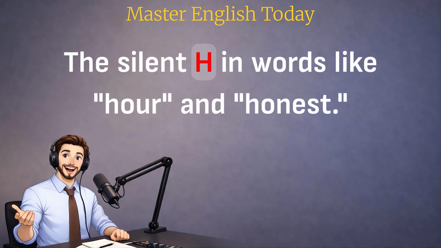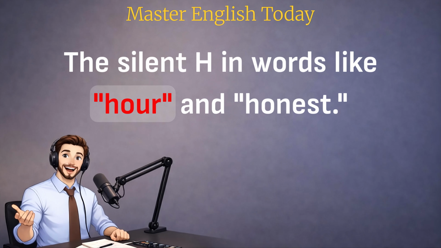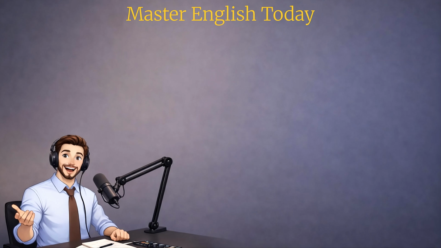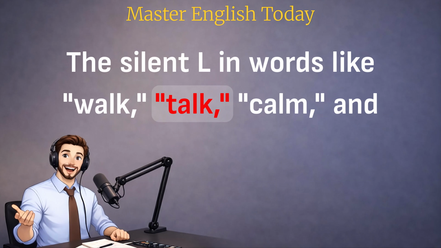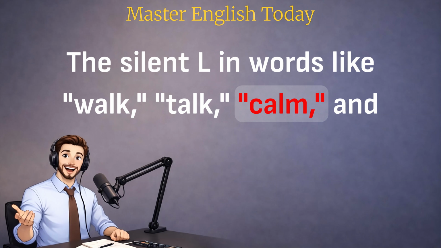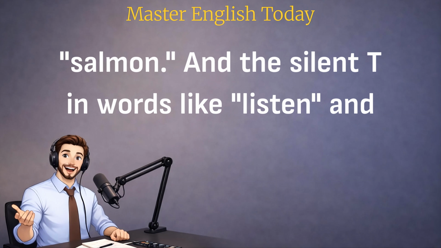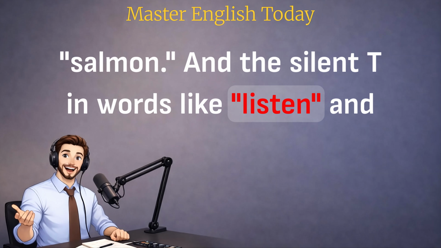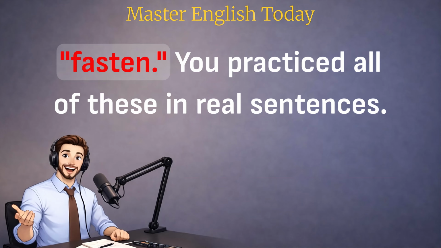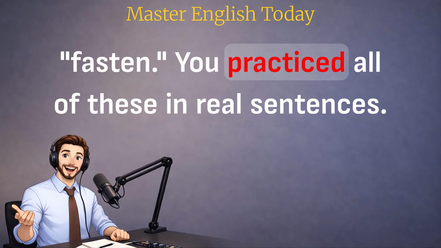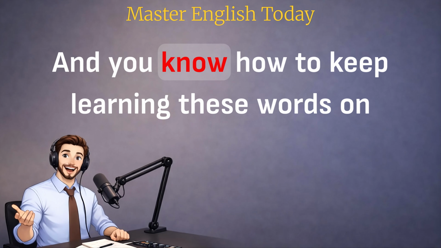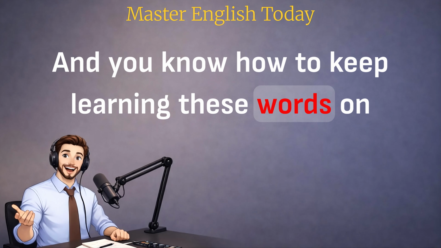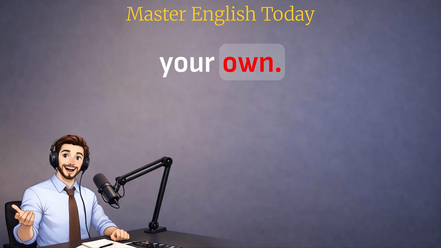The silent H in words like hour and honest. The silent L in words like walk, talk, calm, and salmon. And the silent T in words like listen and fasten. You practiced all of these in real sentences, and you know how to keep learning these words on your own.